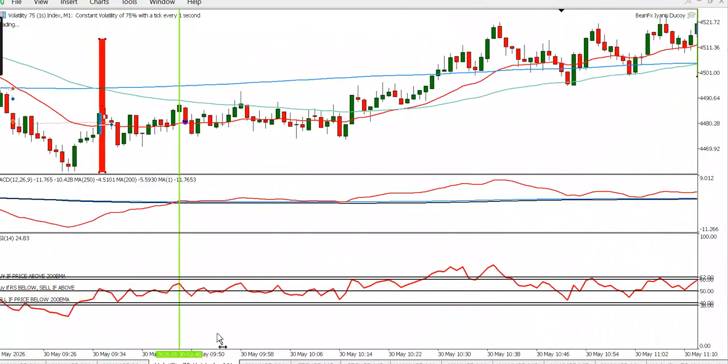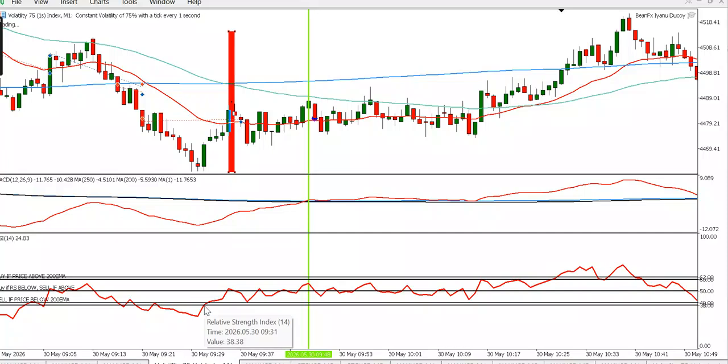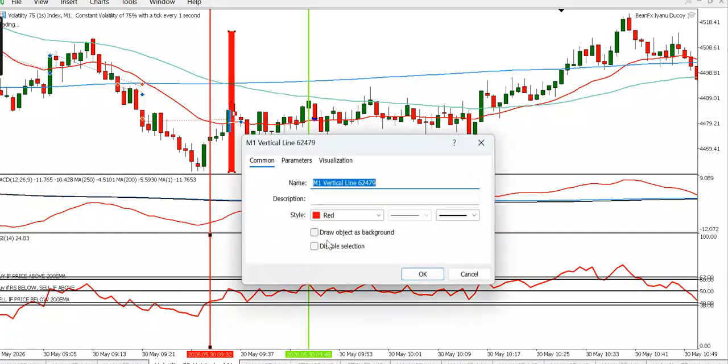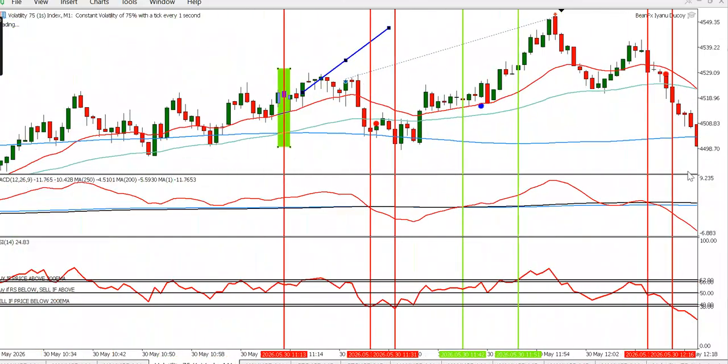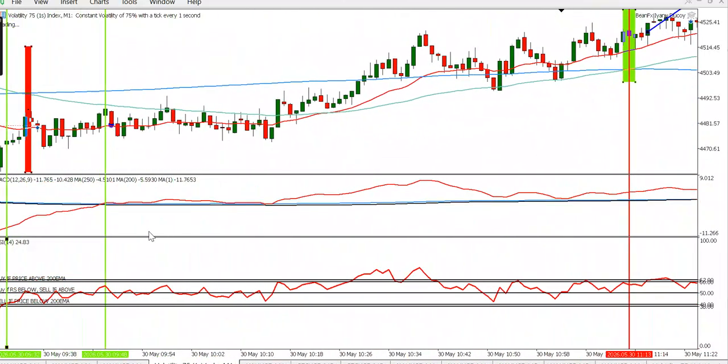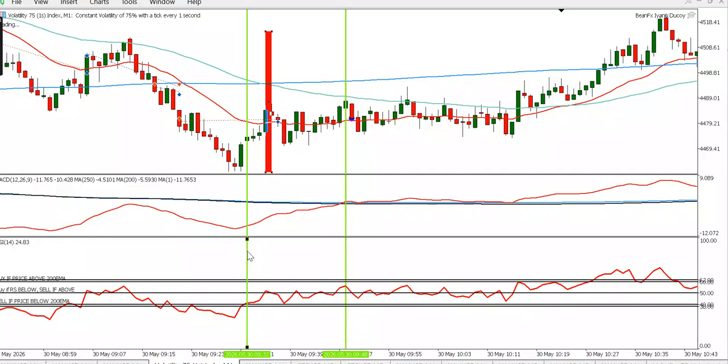Now, we've been having buy signal. Now, this is a buy signal. So if this is our buy signal, this should be the original buy signal, not that late buy signal. So this is our original buy signal.